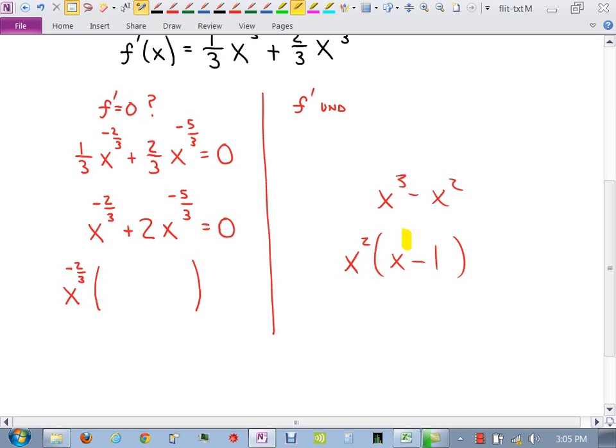So if I did this, I need to make it so that I get back this, which means I'd have to put what? What do I put here? 1 plus 2 times x to what power? I need it to be able to add up to be what? Negative 5/3. So x to the negative 1 equals 0. Do y'all agree with that?